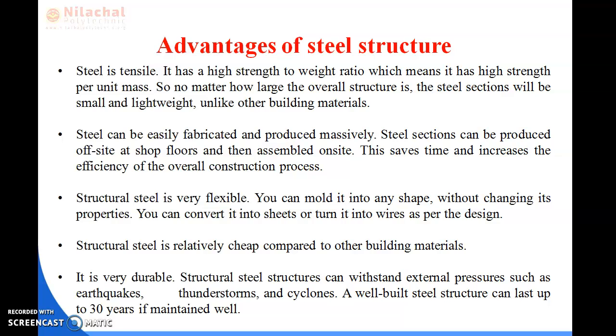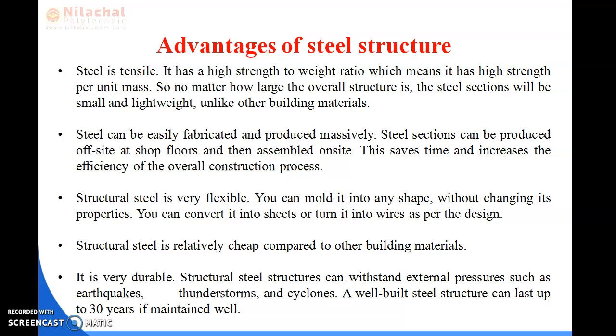So for transportation, there is no time consuming process in this kind of steel structure as compared to other things. It can be easily available, easily connected and easily made into a suitable structure. So this is a very good advantage of the steel structure.